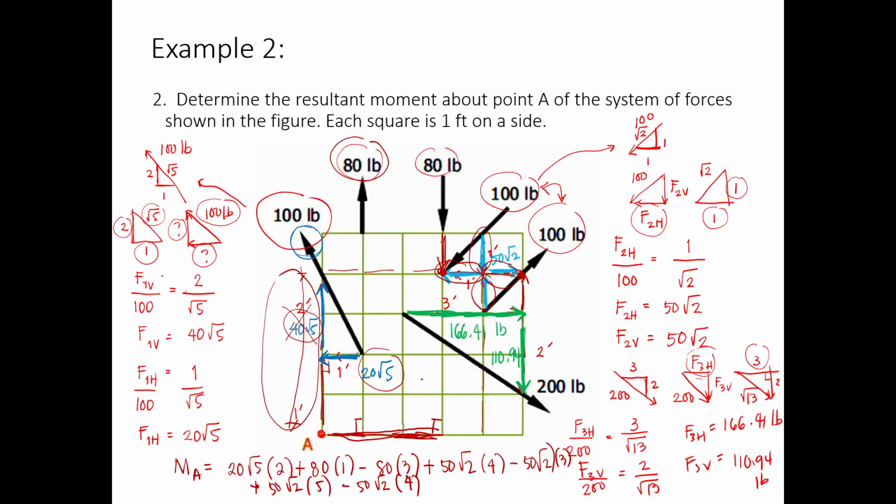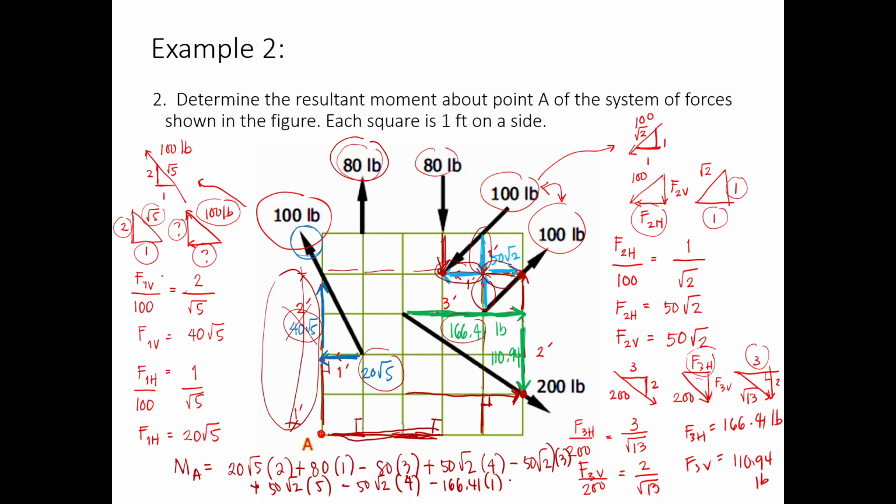So lastly is your 200-pound force component. Let's try to move the 166.41 downwards because the point of action is at this point. So it's here, right? So the moment is minus 166.41 times 1 because the moment is clockwise. And then for the other force, the vertical force, it's still a minus.